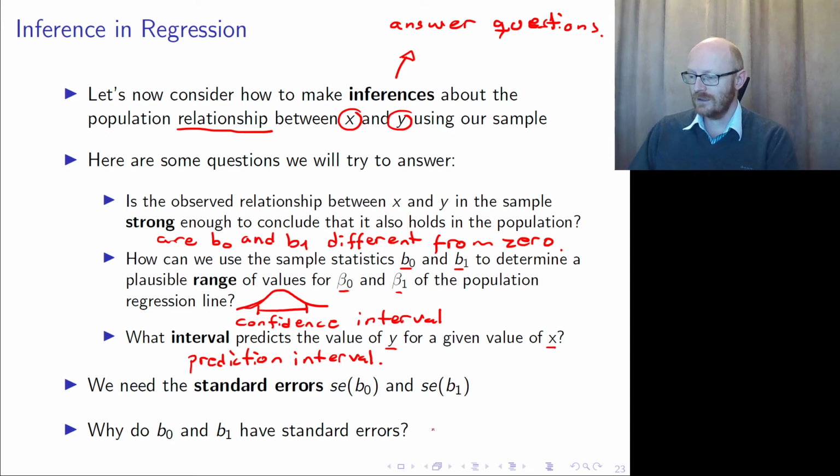For example, when you throw a die 5 times and you take the average, you get a certain value. But if you do the experiment again, then most probably you get a different mean, right? And it's the same here, because different samples give you different intercept and slope.